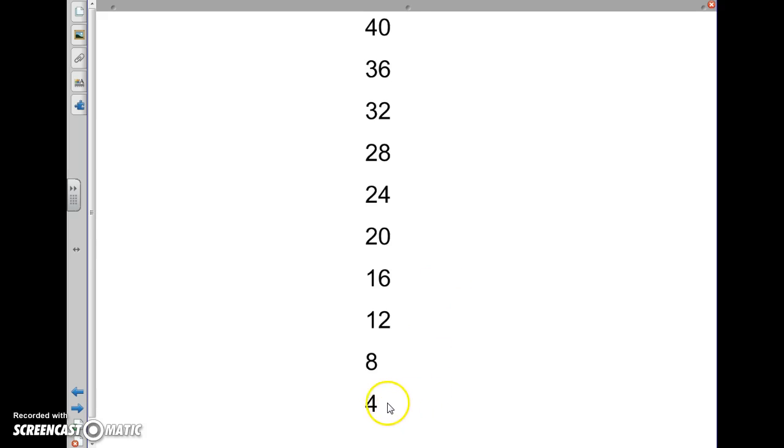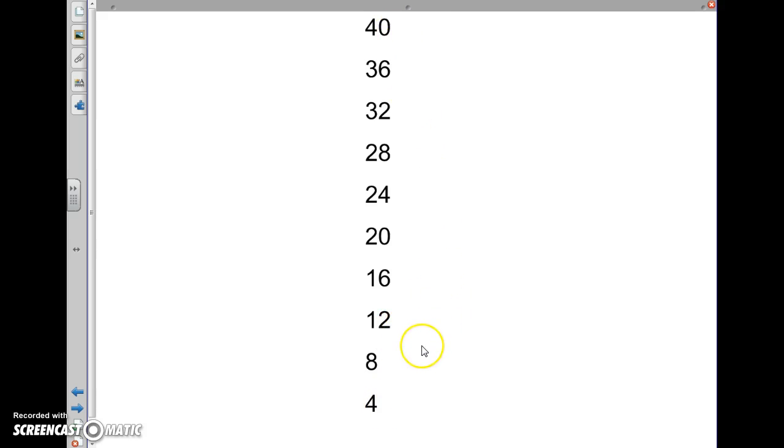So that means that if we're counting by 4s, the 10th number that we're going to land on is 40, right? That also tells us that the factor you would multiply 4 with to get 40 would be 10. If 12 is the third multiple of 4, that means 4 times 3 would be 12.